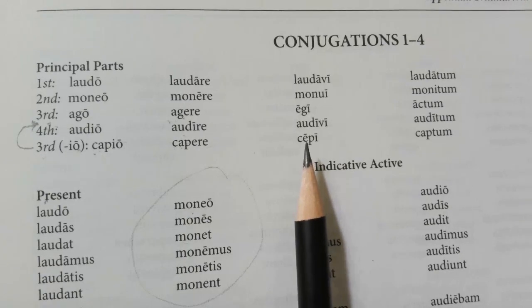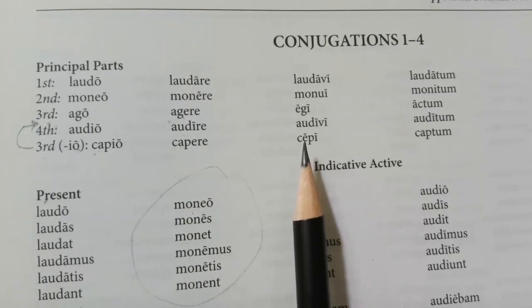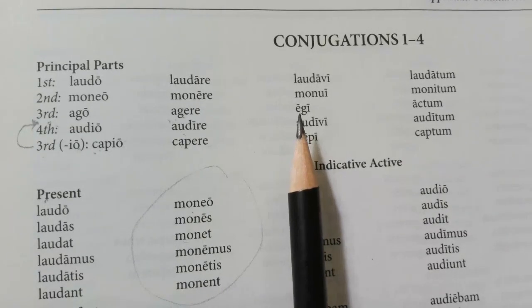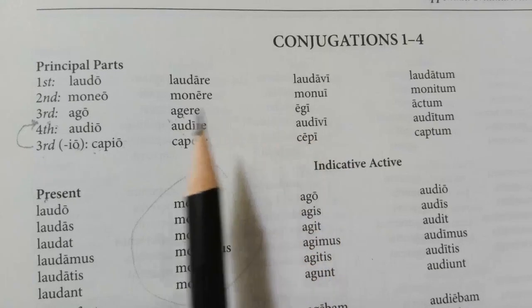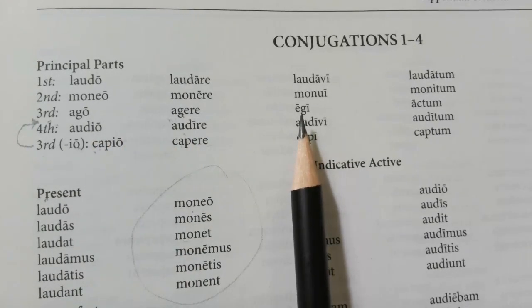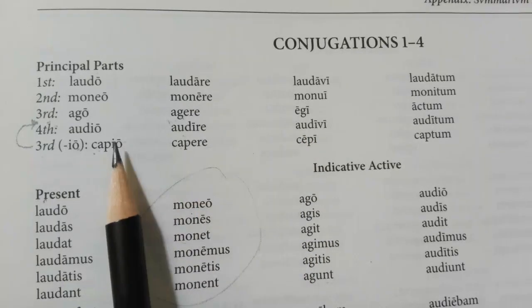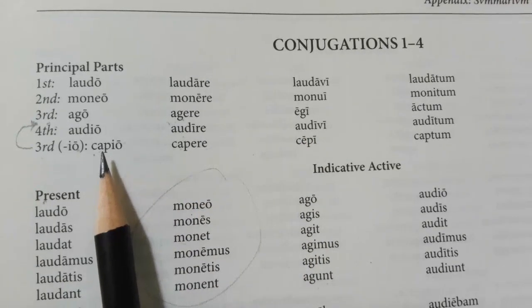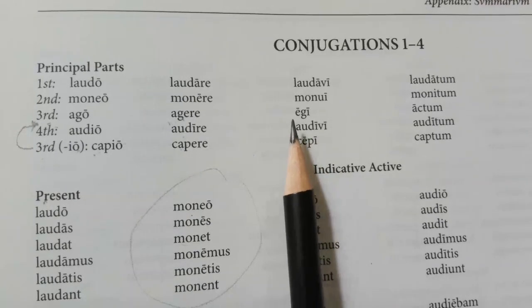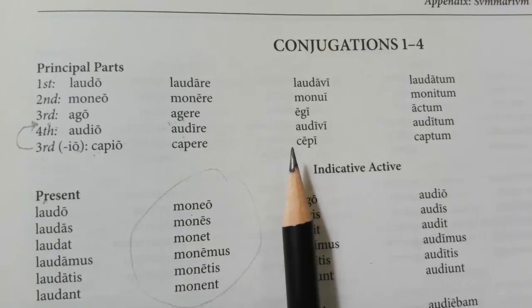Whenever you see similarities or differences, take note and see if you see similarities and differences in the future. So note here we have a vowel change for the third principal part from ago to egi. And here we have a similar change from capio, a, to capi. So those are doing the same thing there. Something to note, to think about in the future.